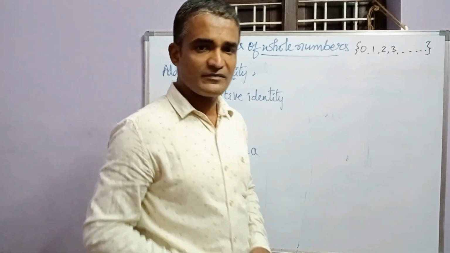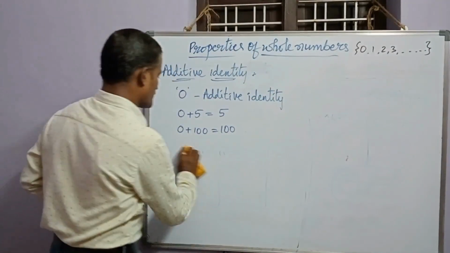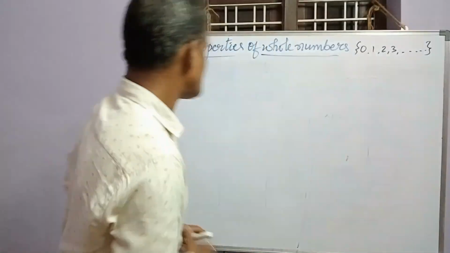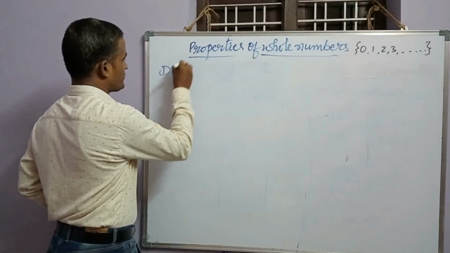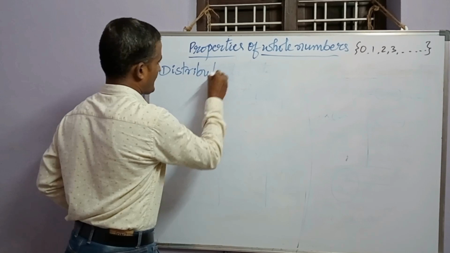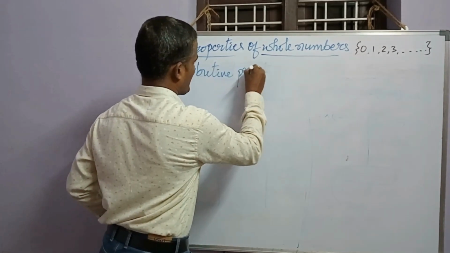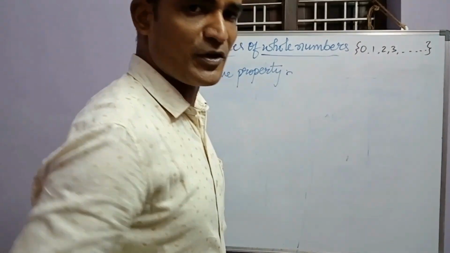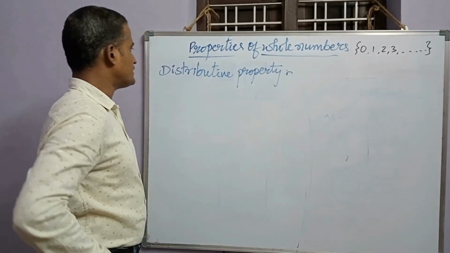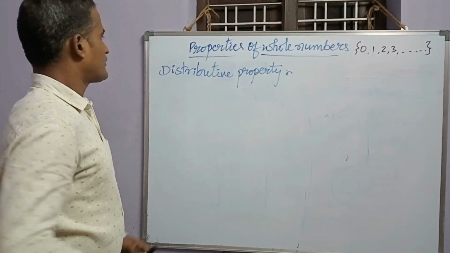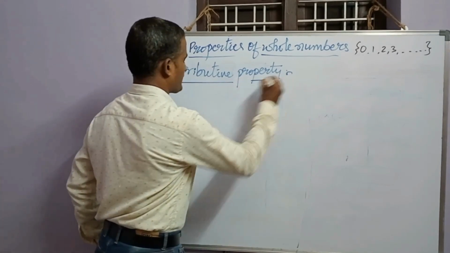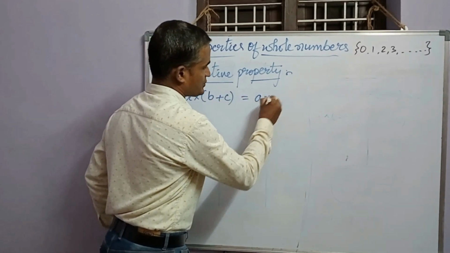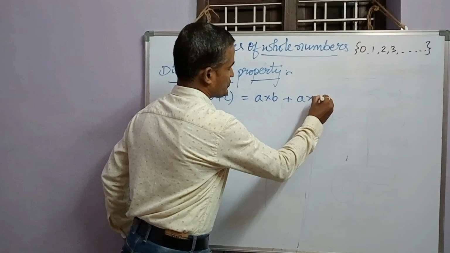Next, we will go for one more property, the distributive property. It also satisfies the distributive property. This is the last property. Here, a into (b plus c) is equal to a into b plus a into c.